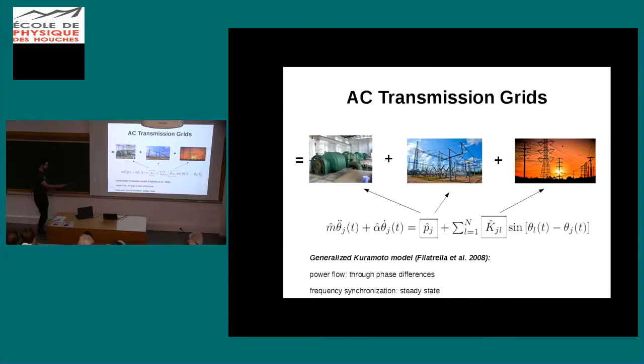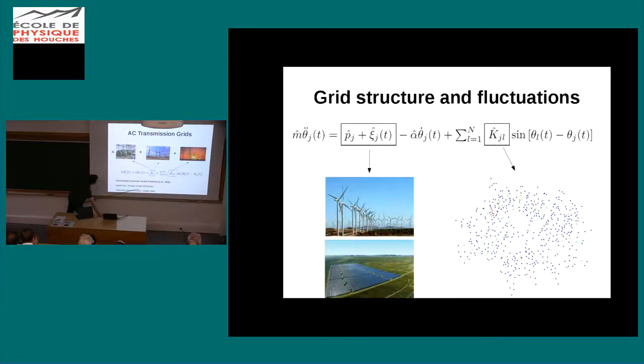And in order to have stable grid operations, you should have frequency synchronization in all of the rotating machines, but also you shouldn't have too large phase angles. If you have too large phase angles, the power transmitted between 2 oscillators may be too large for the line connecting them. So this line may be cut out, and you would have cascading failure as a very likely consequence.